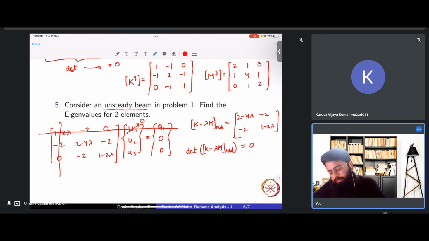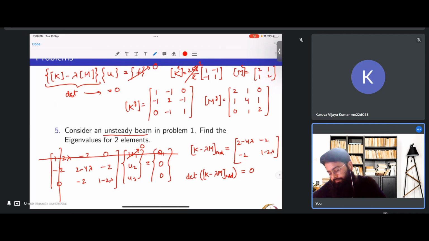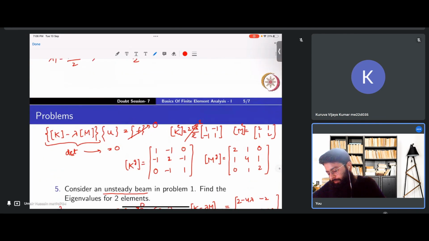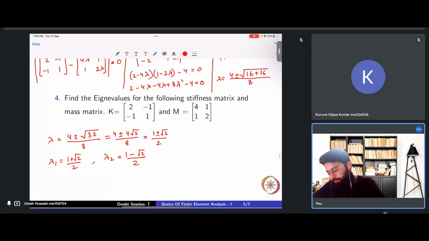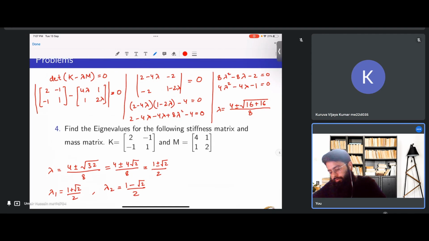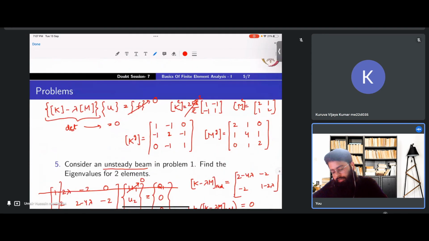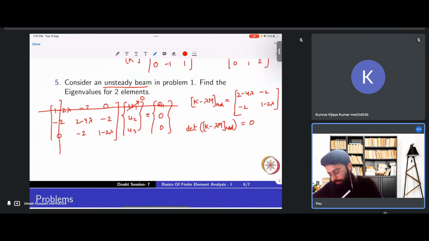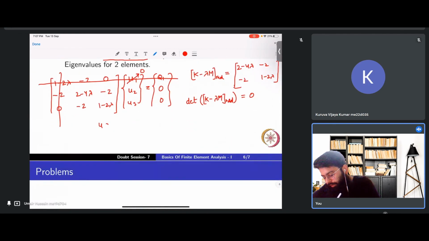So if you see, this is the same thing we did in the last problem. The matrix that we got at the end was the same, 2 minus 4 lambda, minus 2, minus 2, 1 minus 2 lambda, right? So that's the same thing. We'll solve, we'll get the characteristic equation as 4 lambda square minus 4 lambda minus 1 equals 0.